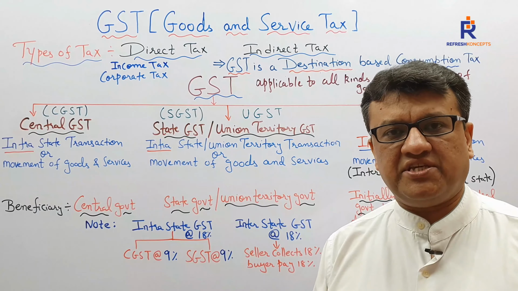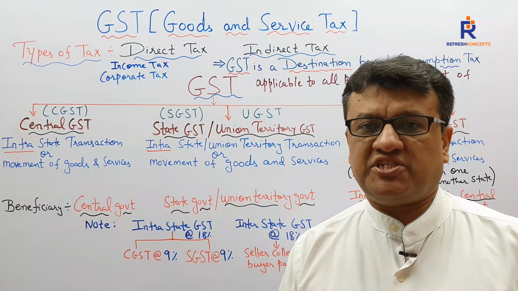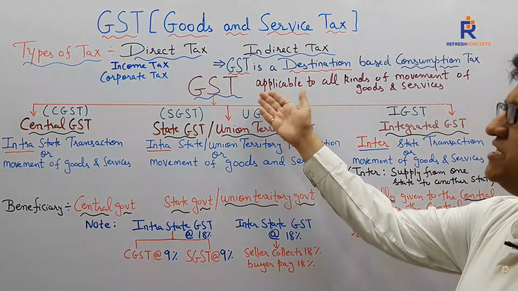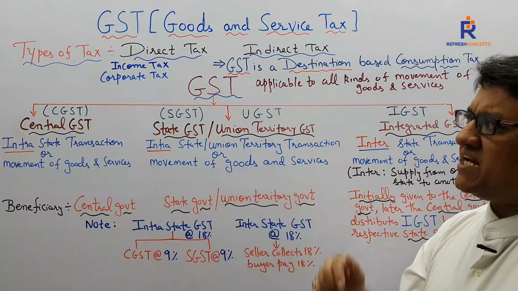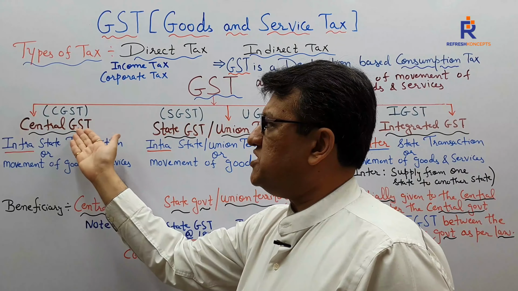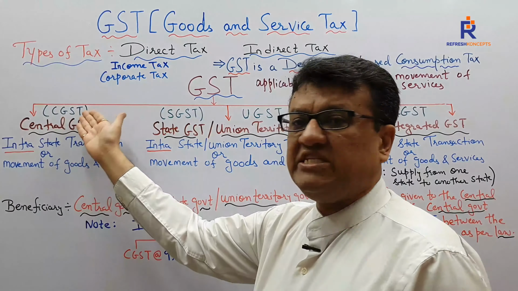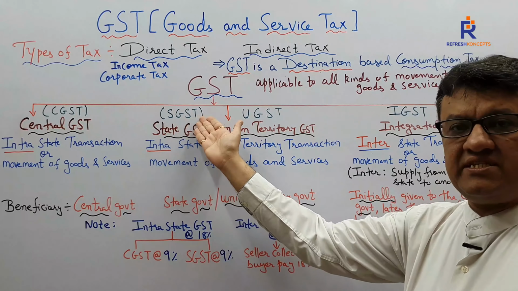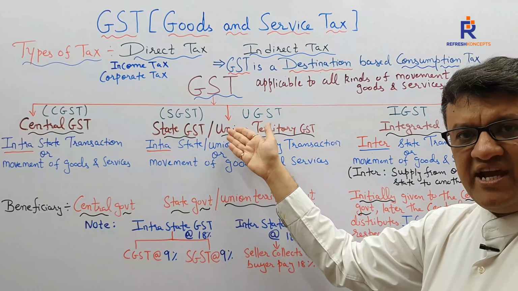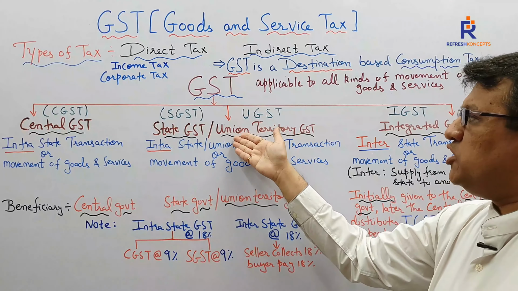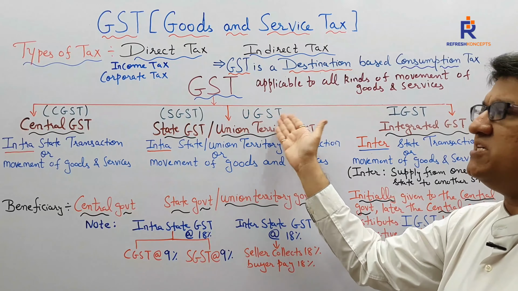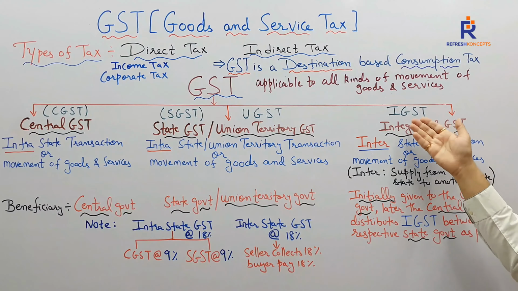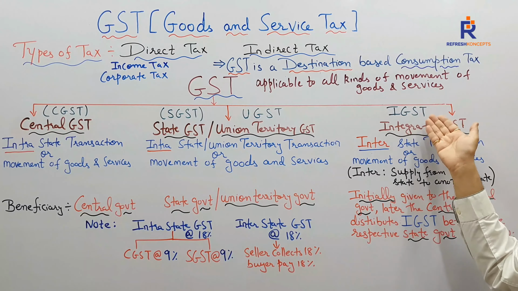Let's classify GST. Now we are entering into the chapter, right? GST is broadly classified into central GST, which we normally say CGST, state GST, SGST, or since in our country we have states and also union territories, union territory GST, UGST, and integrated GST, IGST.